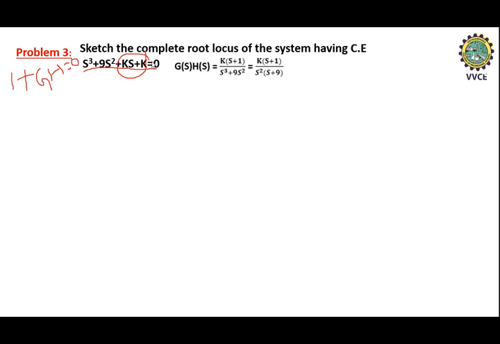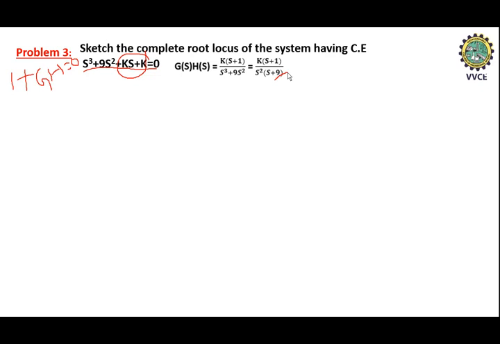In order to get this, I am rearranging and writing G(s)H(s) as k into s plus 1 divided by s cube plus 9s square. In the denominator, I can take s square outside, and the remaining value is s plus 9, so s square into s plus 9. This is the open loop transfer function we obtained by the trial and error method.